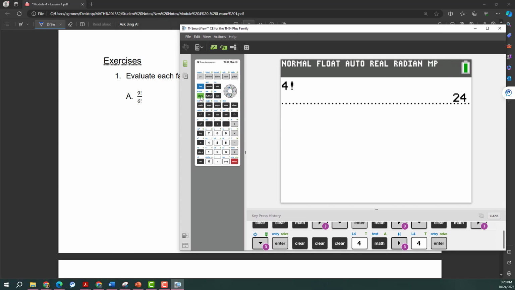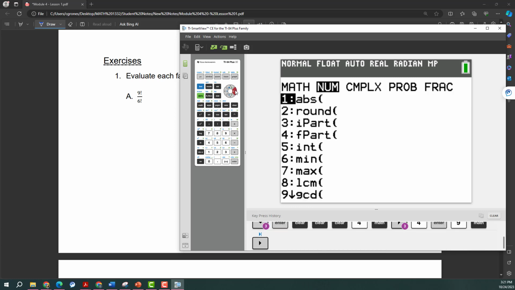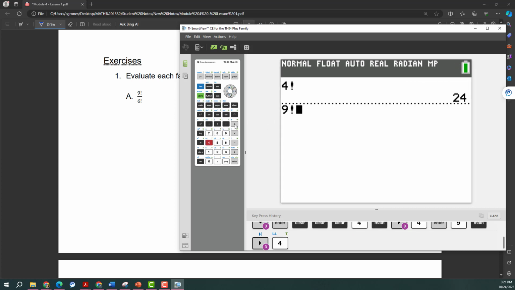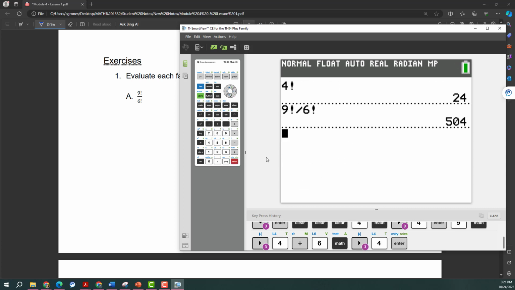You can put this in your calculator exactly how it is. We can create a fraction, or you can just do 9 factorial divided by 6 factorial. What'd you say? 504. Yes, thank you. Where'd you get the factorial again? Where's that at? Math, probability.